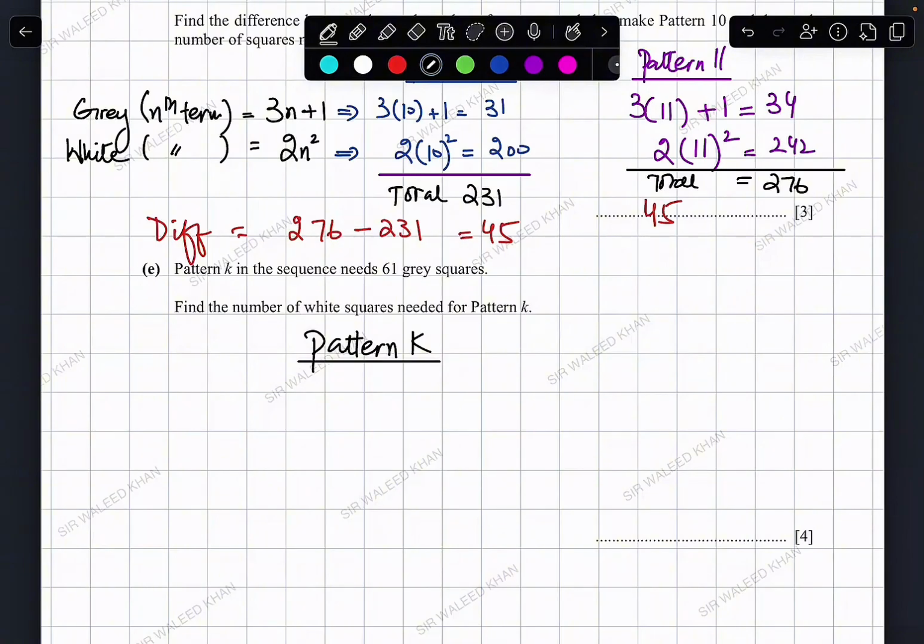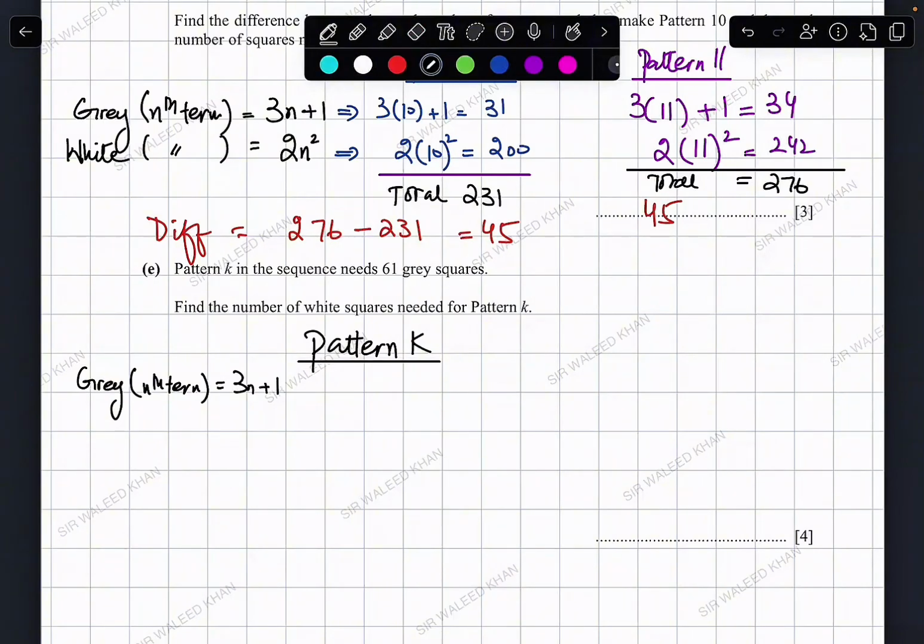Find the number of white squares needed for pattern K. Over here, they are saying that pattern K in the sequence needs 61 gray squares. So this should be gray again. And the nth term for that gray one was 3n plus 1.